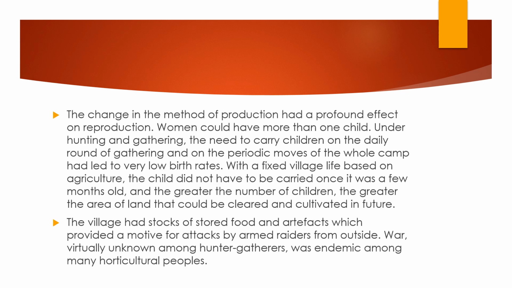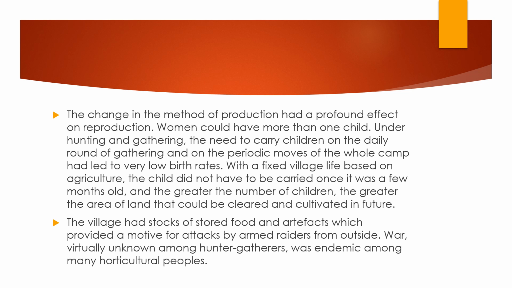The change in the method of production had a profound effect on reproduction too. Women could have more children, more than one child. Under hunting and gathering, the need to carry children on the daily round of gathering and on the periodic moves of the whole camp led to very low birth rates.